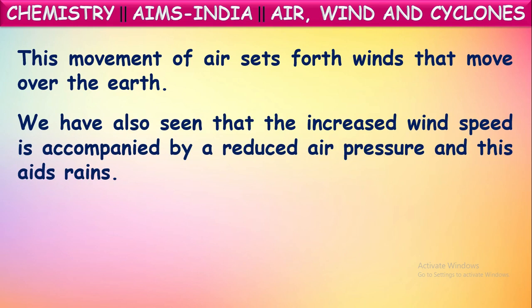We have also seen that increased wind speed is accompanied by a reduced air pressure, and this aids rains. As we have studied, as the difference between the air pressure increases, wind speed also increases, and thus it causes rains also.